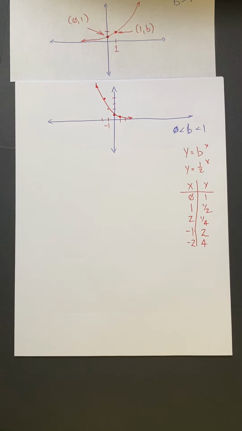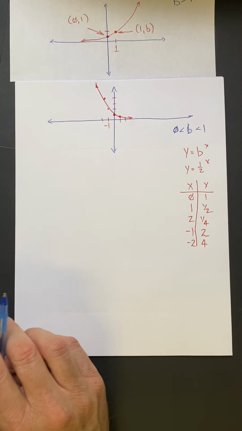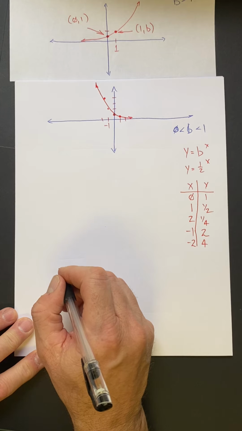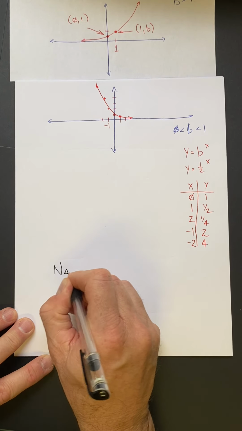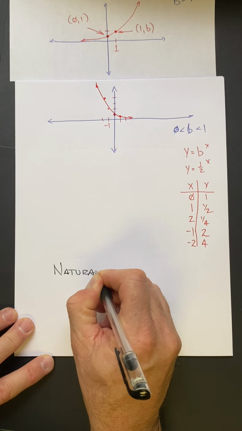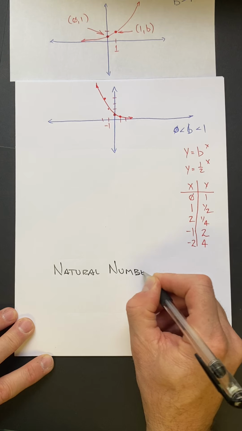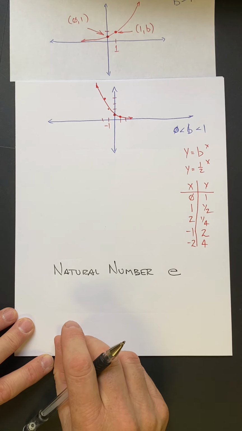So we're going to take that and use that to springboard into one other type of base, and we're going to talk about the natural number, and it is written as a lowercase e.